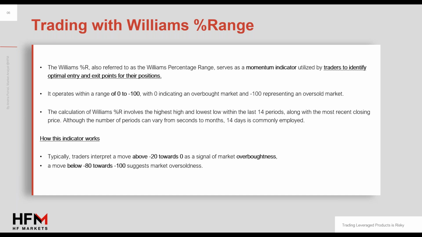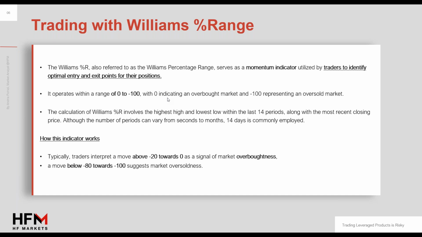So what do these values mean? With 0, guys, that's the overbought condition. 0 is the level which represents an overbought market, and minus 100 represents an oversold market.